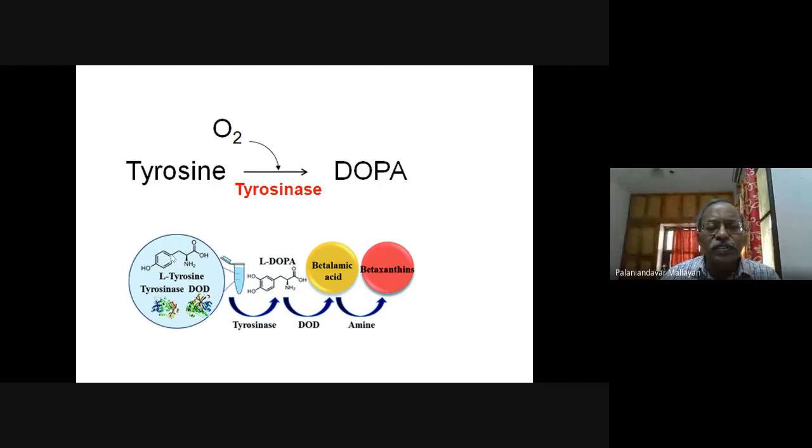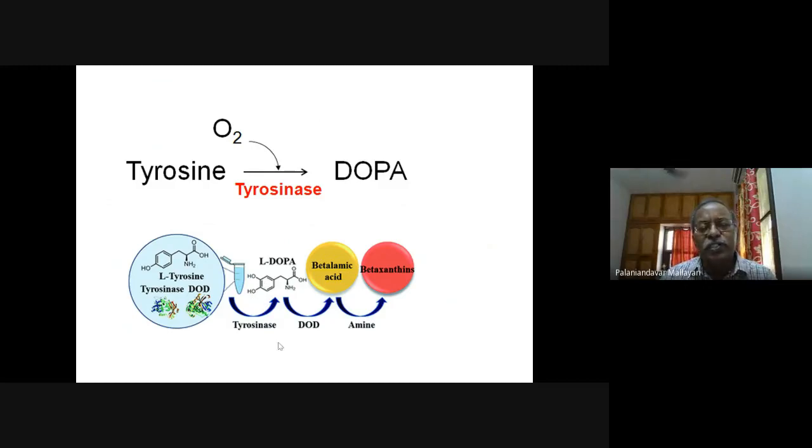What does it do? It just hydroxylates this one. See, you have introduced hydroxylation. L-dopa is obtained. So tyrosinase converts the L-tyrosine amino acid into L-dopa. Tyrosinase mediates this one.